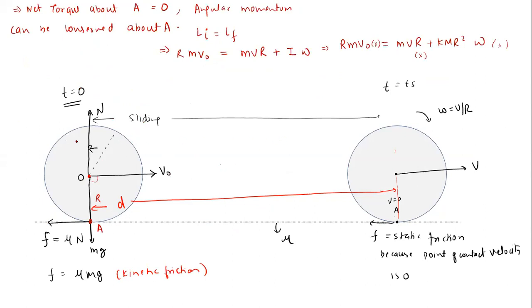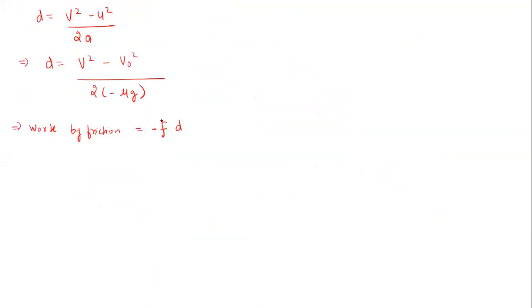So work done by that friction will be negative in that case. So it should be minus Ft. What is the value of friction force? Minus mu mg into displacement, which is v square minus v naught square divided by 2 into minus mu g.